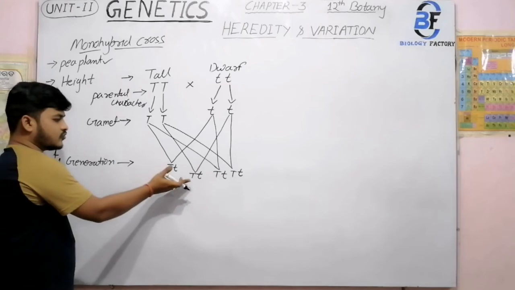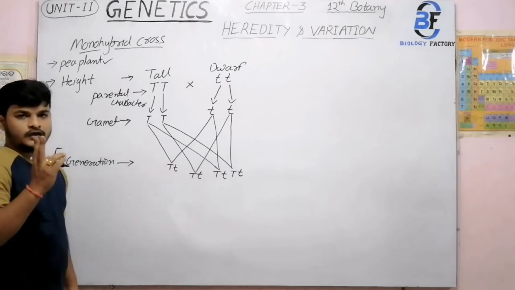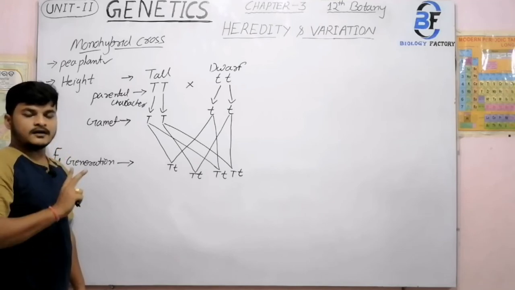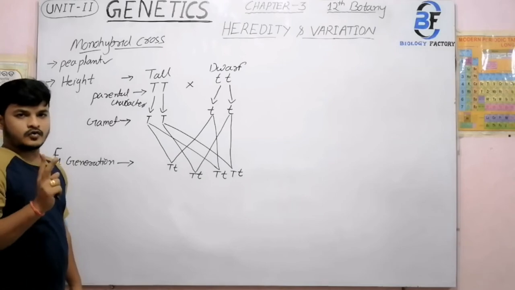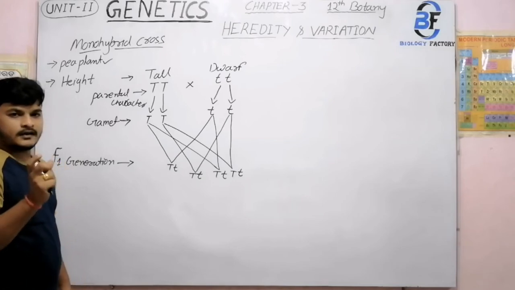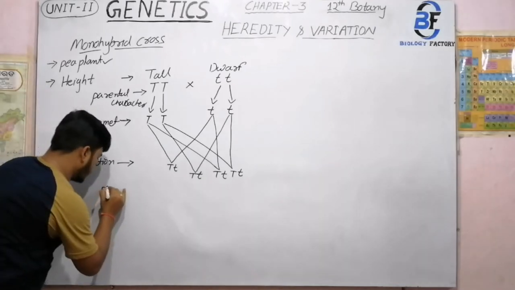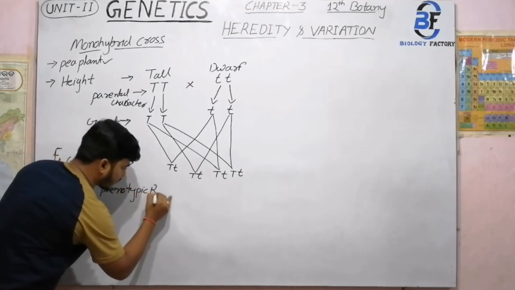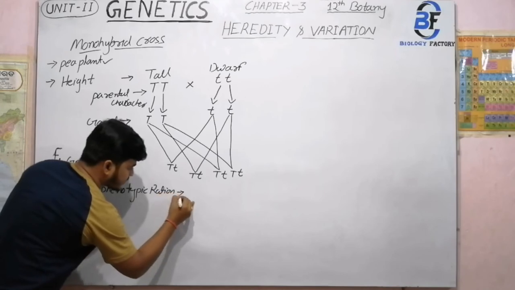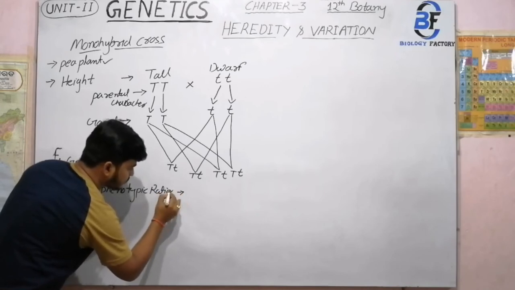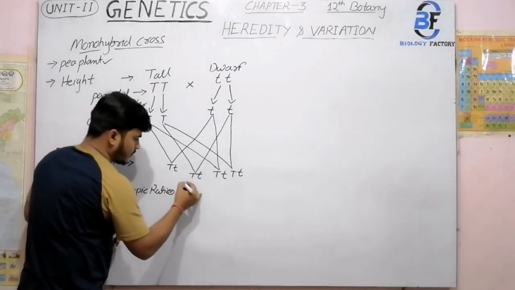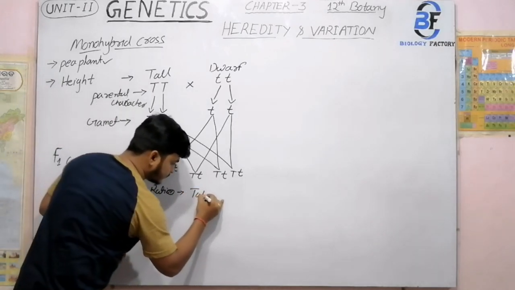According to Mendel, he gave two types of terms. I already told these terms, I just repeat again: one is phenotypic, another one is genotypic. According to the physical appearance, he gave a phenotypic ratio, and the phenotypic ratio is that all are tall.